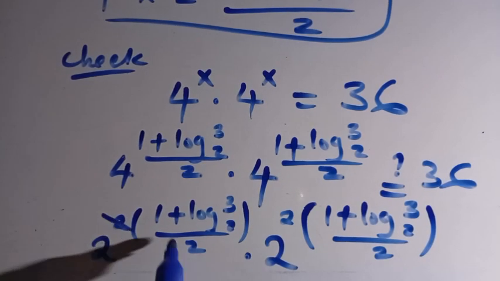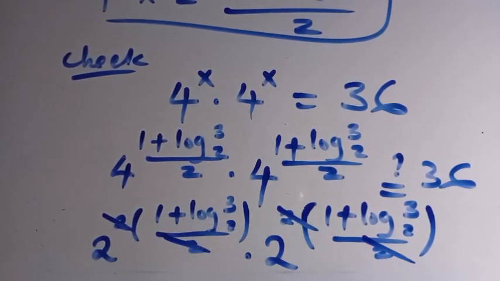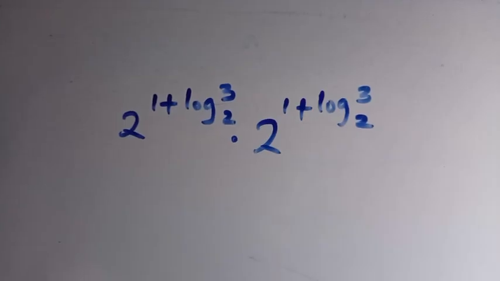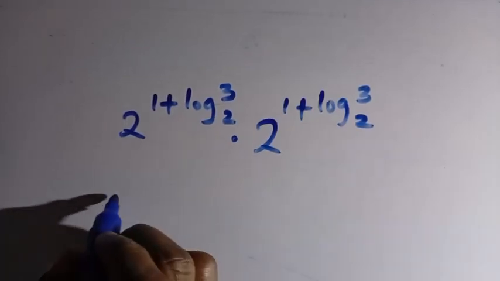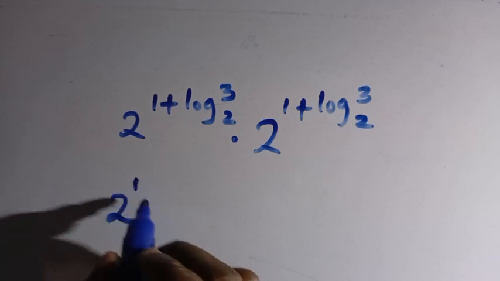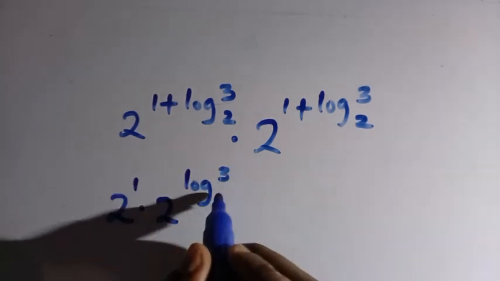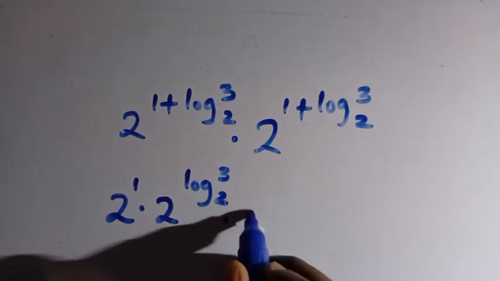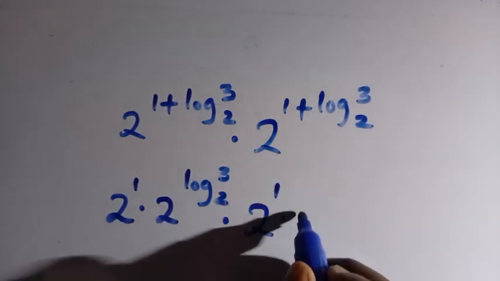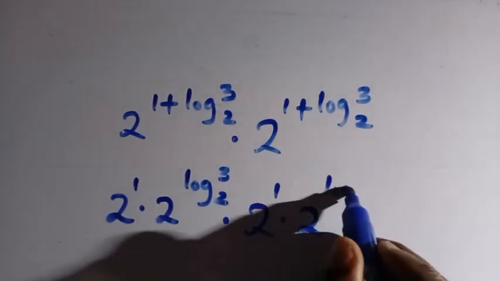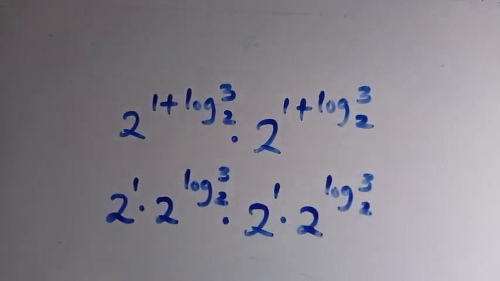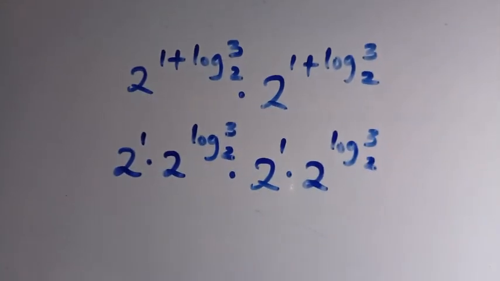The 2 cancels 2 and the other 2 also cancels 2. The remaining becomes 2 raised to the power of 1 multiplied by 2 raised to the power of log 3 base 2, multiplied by 2 raised to the power 1 multiplied by 2 raised to the power of log 3 base 2.